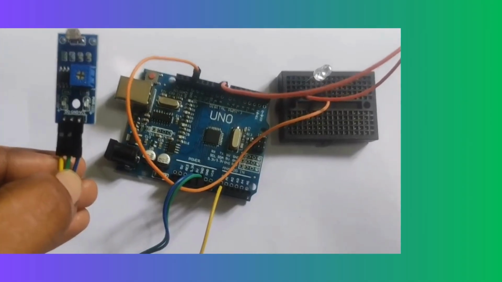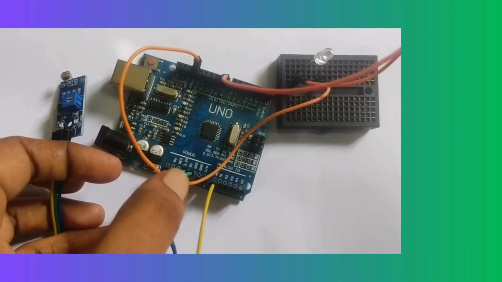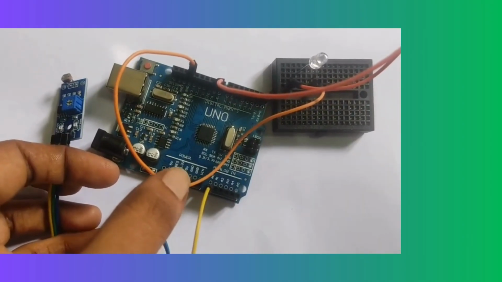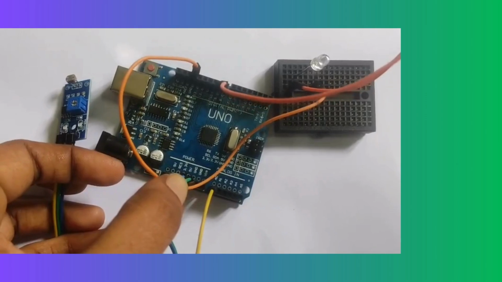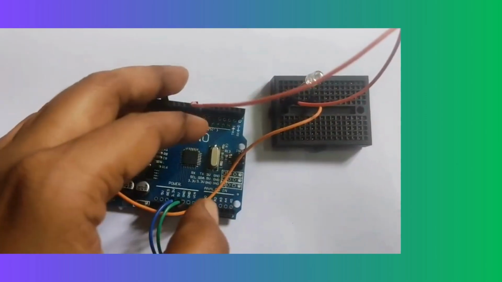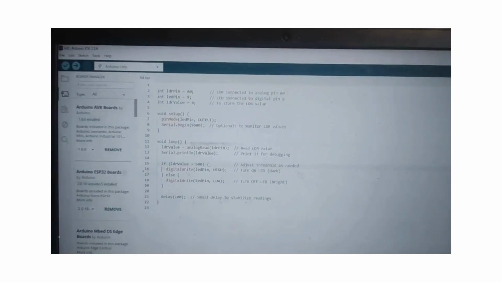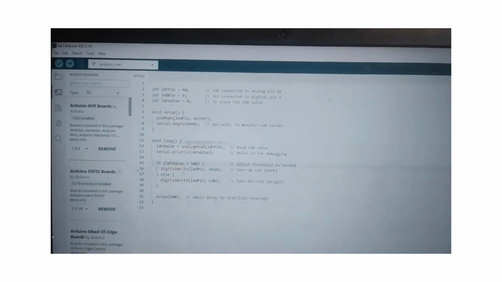VCC, the blue wire, is connected to the 5 volts of the Arduino Uno, and the green one, the ground, is connected to the ground of the Arduino Uno, and yellow is connected to the analog pin of the Arduino.